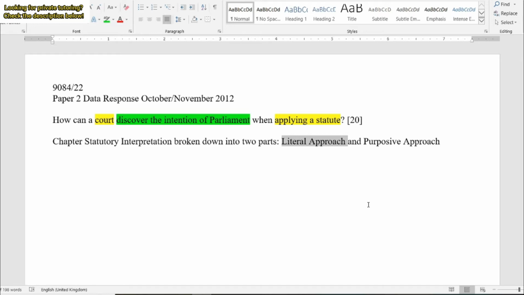In fact, almost nothing to do with parliament itself. But parliament actually uses all these things to make an act of parliament. So there is where the purposive approach is working, to find the intention of parliament.